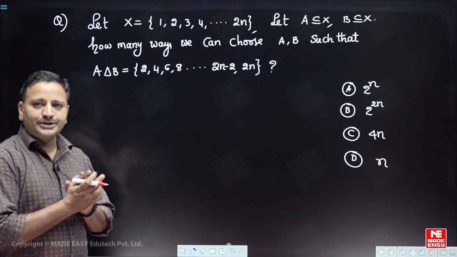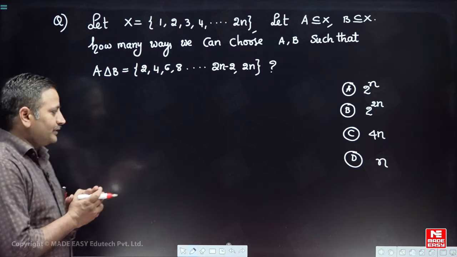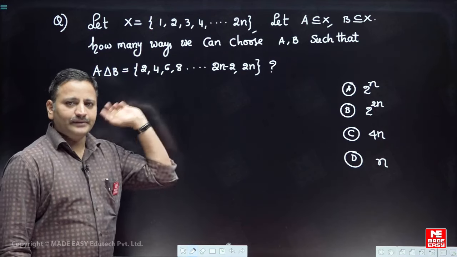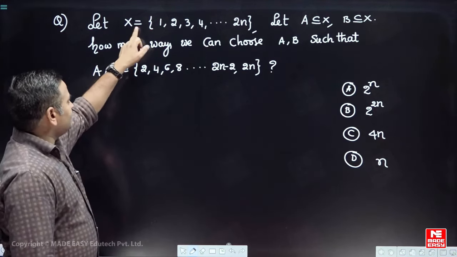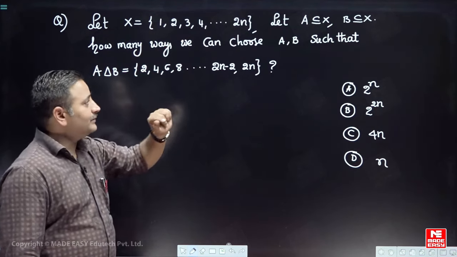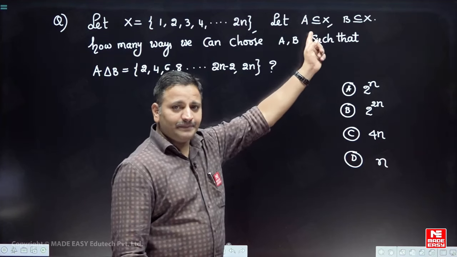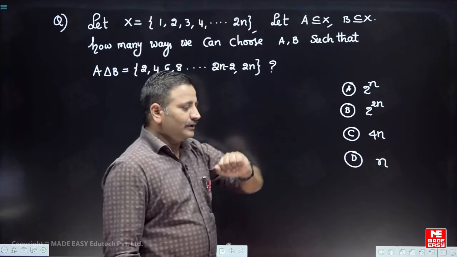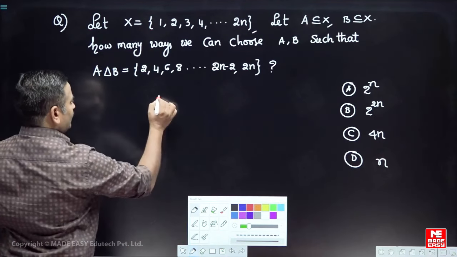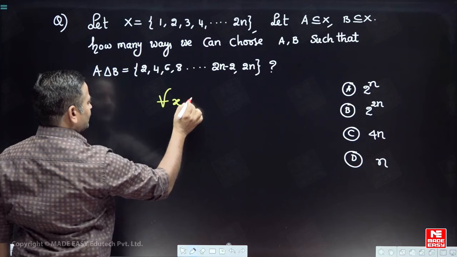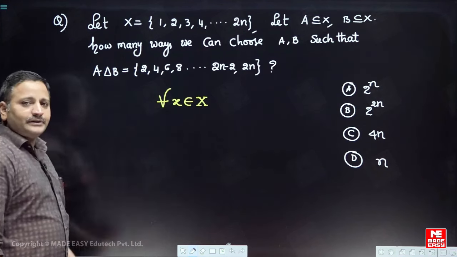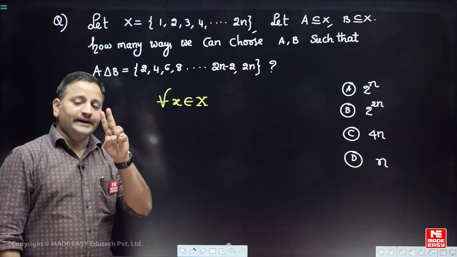So the time allocated for this question is over. Let me explain how to solve this problem. A delta B must contain all the even numbers, friends. Your set X contains a total of 2n elements, where A is a subset of X and B is also a subset of X. Observe how I am going to discuss this problem: for all small x belonging to capital X, there are two possibilities for x, friends.